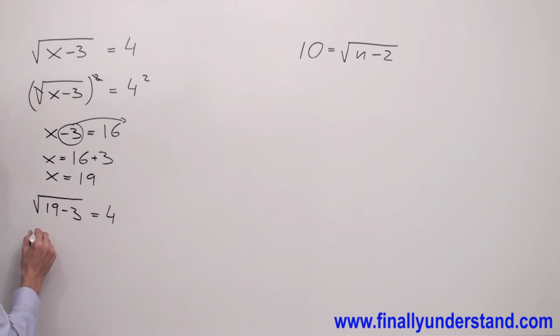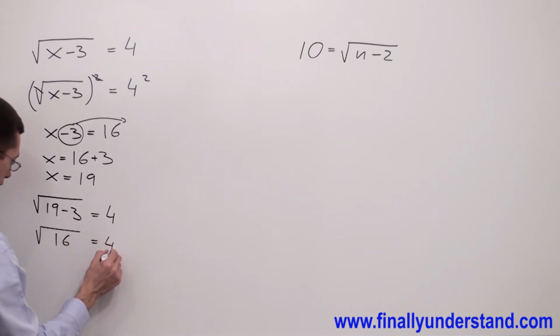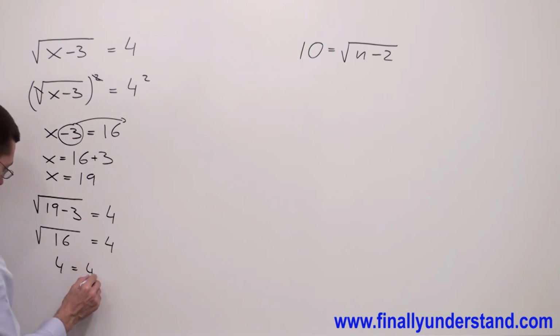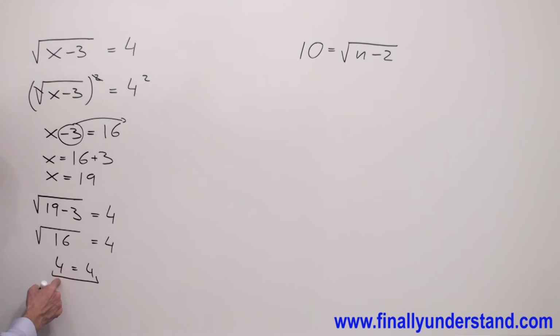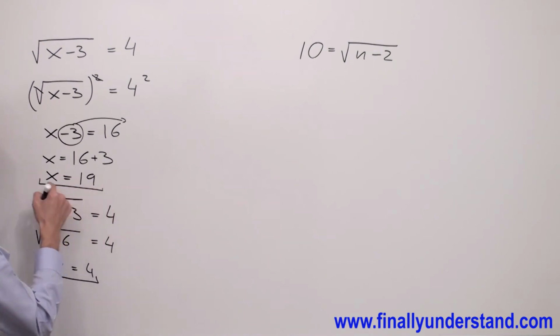Let's take a look. I have square root of 19 minus 3, which is 16. It has to be equal to 4. Square root of 16 is equal to 4. 4 is equal to 4, the left side is equal to the right side. That's why the solution to my problem is x equals 19.